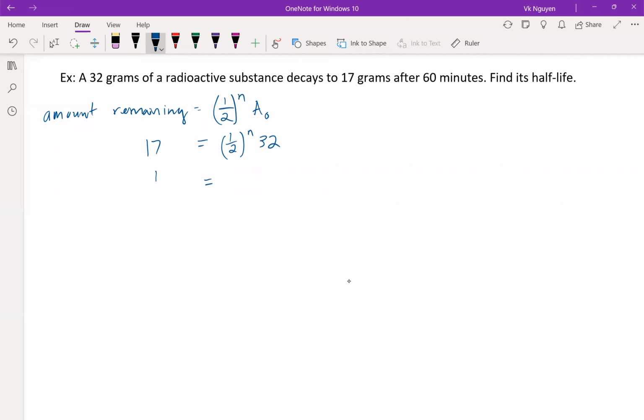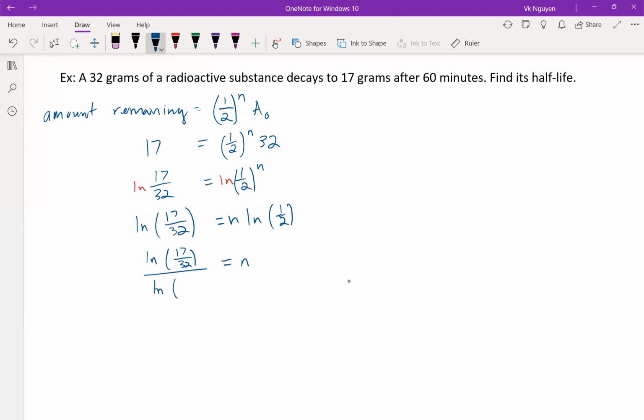Divide both sides by 32. 17 over 32 equals 1/2 to the power n. Take ln on both sides. We have ln 17/32 equal n ln 1/2. Divide both sides by ln 1/2 and ta-da, we have n to be ln 17/32 over ln 1/2, which is 0.913.